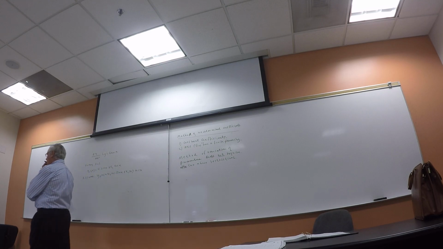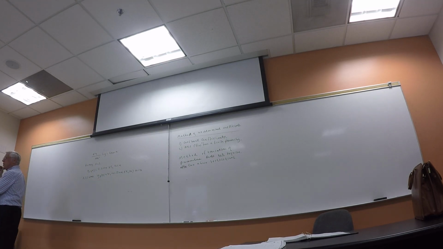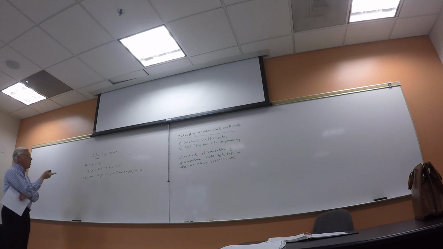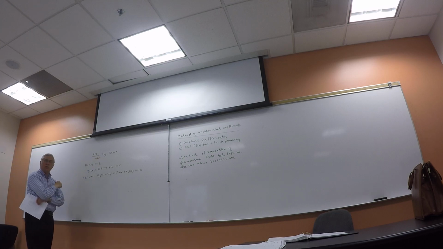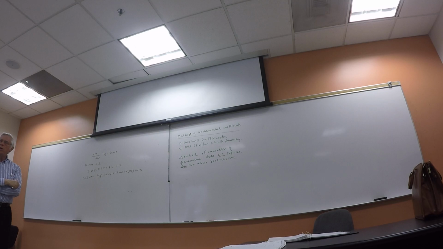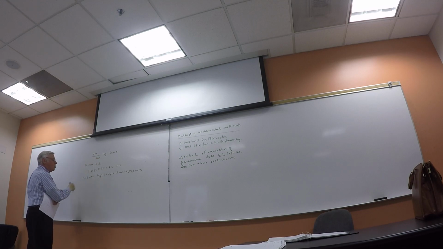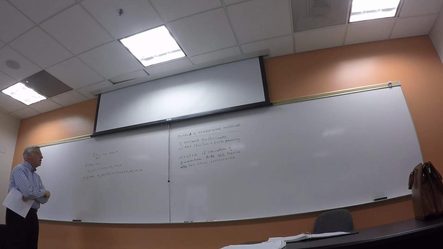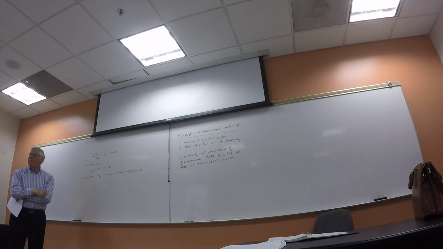Now, one thing which the book doesn't really do a good job of, and I want to point out to you, is how many conditions do I have here? I just have one. y has to be a solution of this differential equation. Usually, even in nonlinear equations, the number of unknowns should match the number of equations. So I have one condition that I can satisfy, namely yp satisfies the equation, and I have two unknowns, u1 and u2.